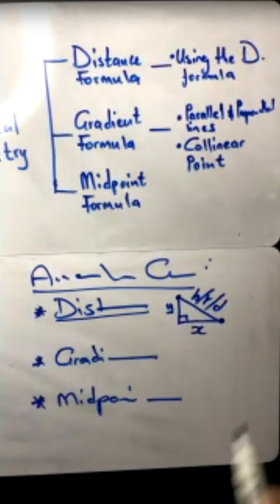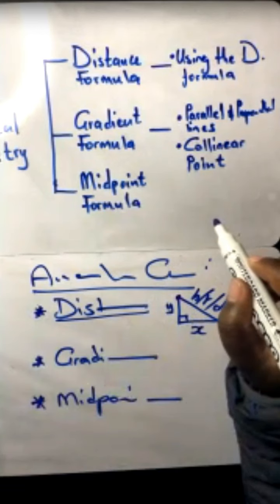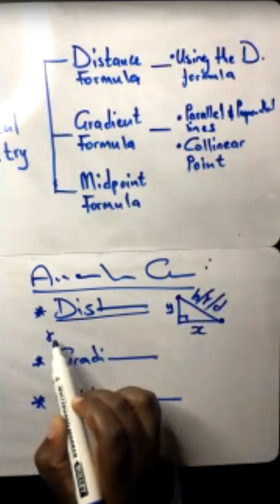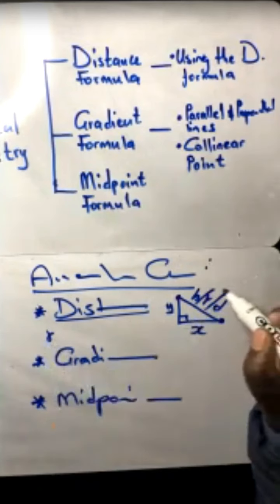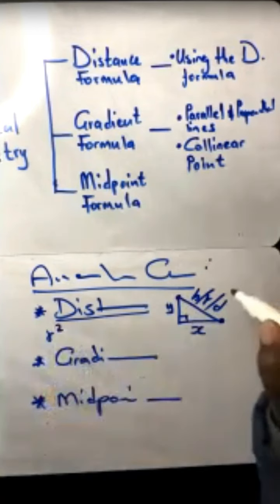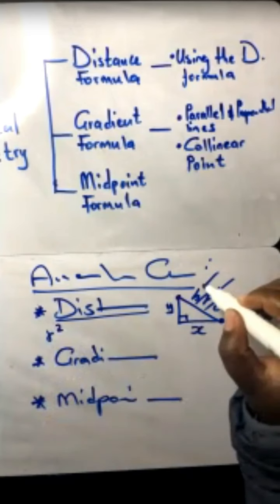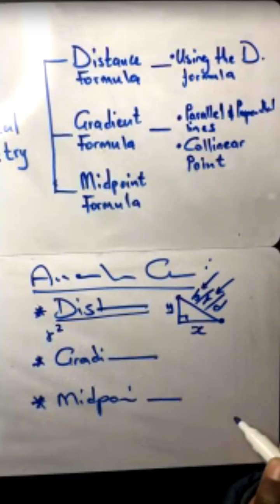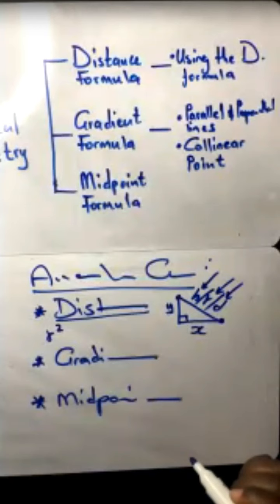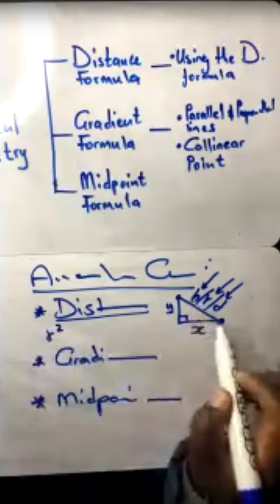Remember, the distance formula comes from the theorem of Pythagoras, which says the hypotenuse squared. In this case, the hypotenuse is r, represented by h, or we can use d, which refers to the distance.